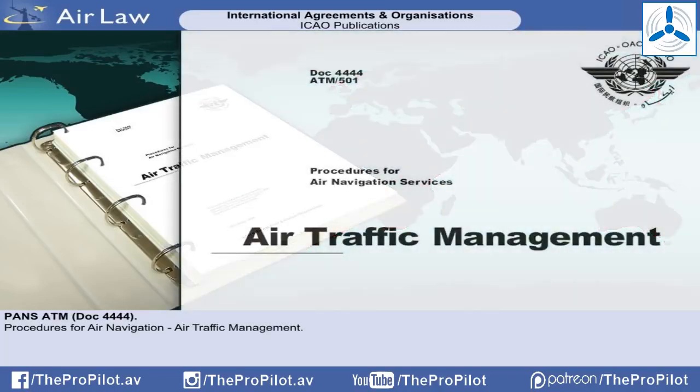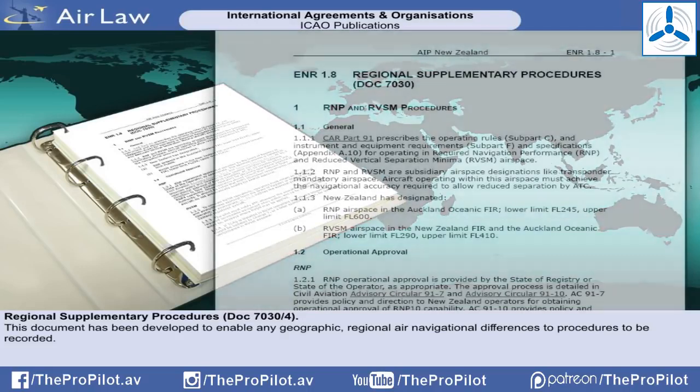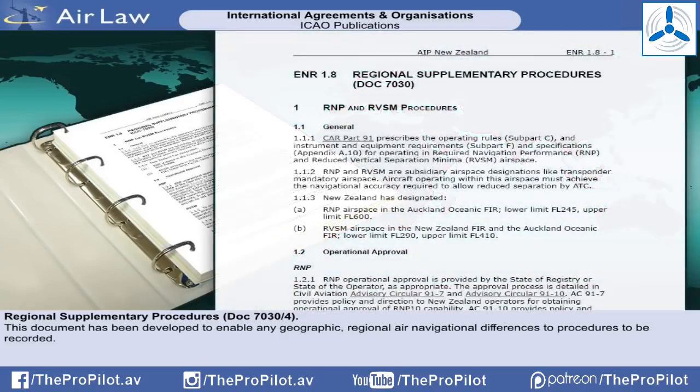Secondly, PANS ATM, Document 4444, the Procedures for Air Navigation Air Traffic Management, gives guidance to air traffic organizations on the procedures to use when controlling global international air traffic. And finally, the Regional Supplementary Procedures, Document 7030.